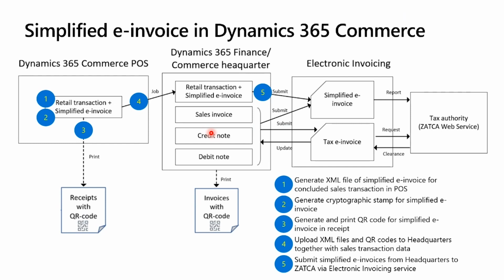And we save the simplified e-invoice in the XML format, and also the QR code, in a special data model together with the retail transaction or linked to the retail transaction. And the simplified e-invoice data, basically the XML and the hash code and everything else, is uploaded to Commerce headquarters using regular data sync jobs like CDX jobs.